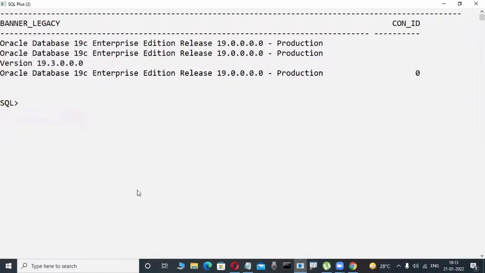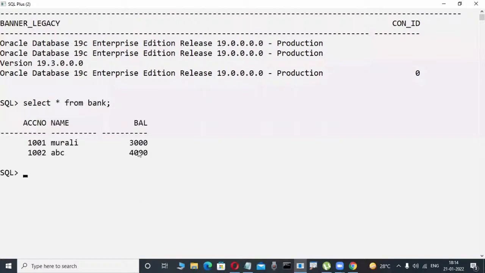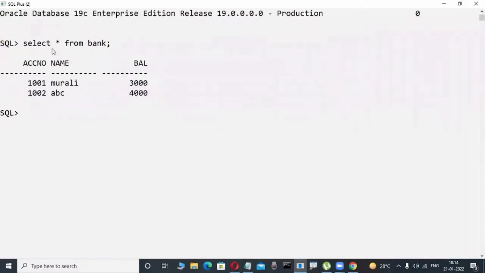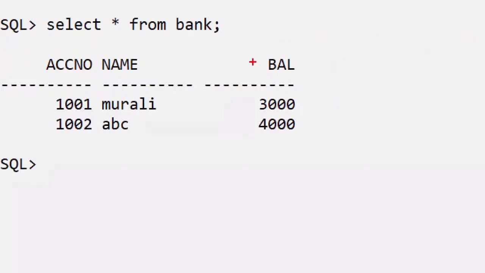Suppose in this database there is a bank table, for example. We store the data in table format. Suppose this is the SBI bank data. These are the columns: account number, name, and balance.